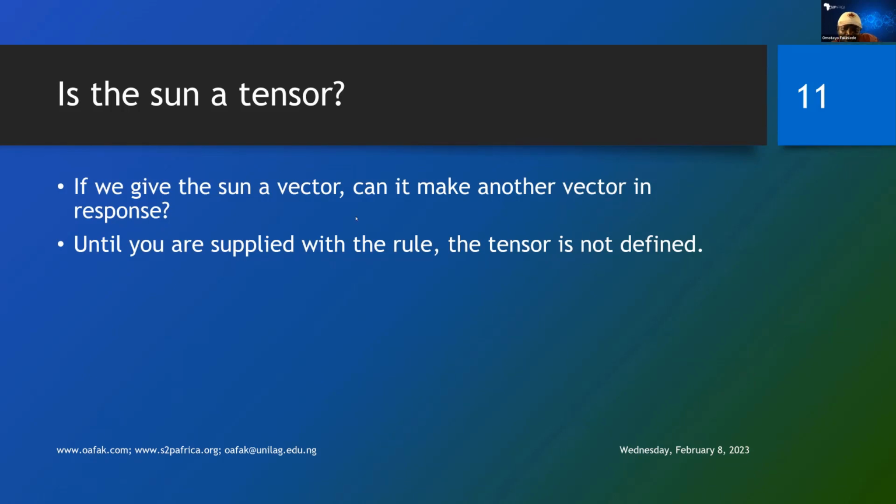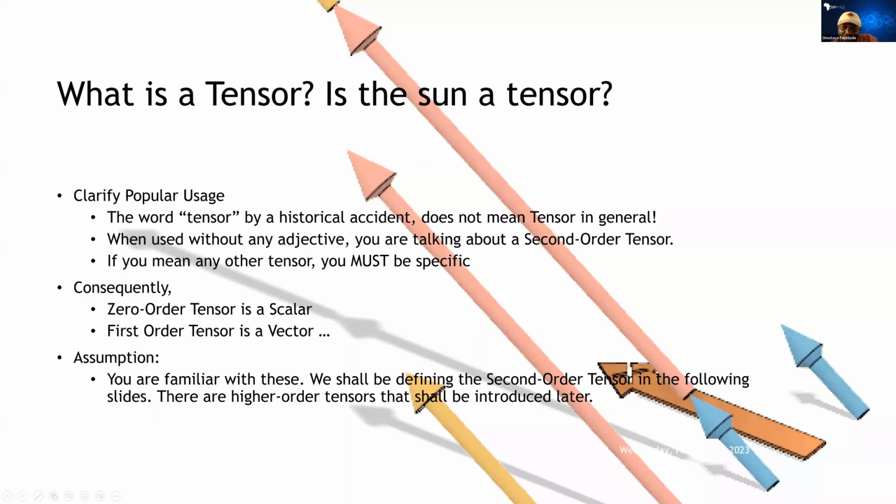Let us go back to this as we check whether what the sun does is actually linear or not. You see the vectors in blue are of the same size. The vectors in, what is this color now? I don't know, I'm colorblind. I can't call this orange.